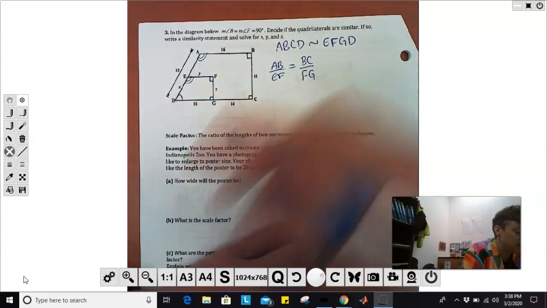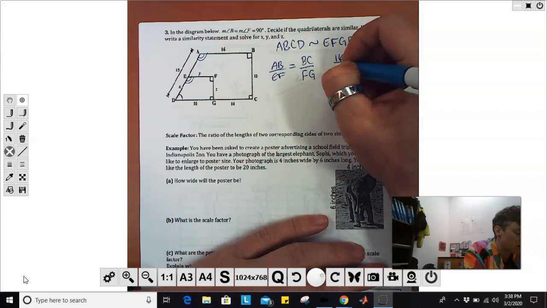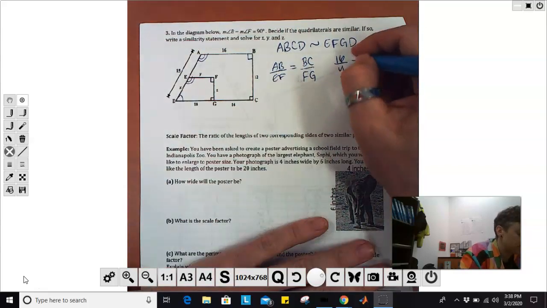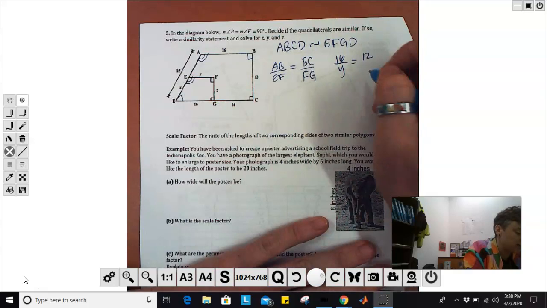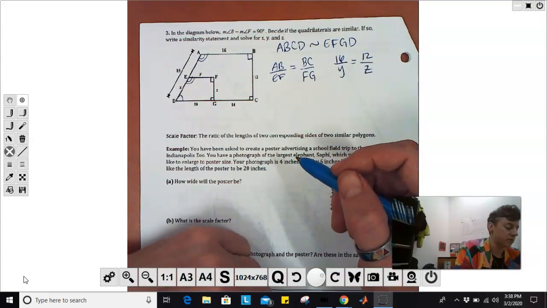Could plug in 16 for AB. Plug in Y for EF. BC is 12. FG is Z. Uh-oh, I've got 2 variables. That one's not super helpful. We're going to have to use a different ratio that doesn't both have variables.